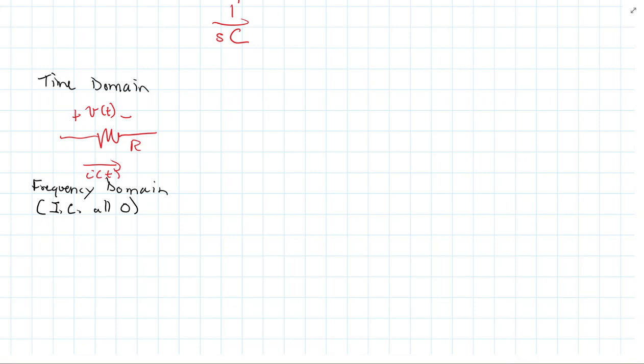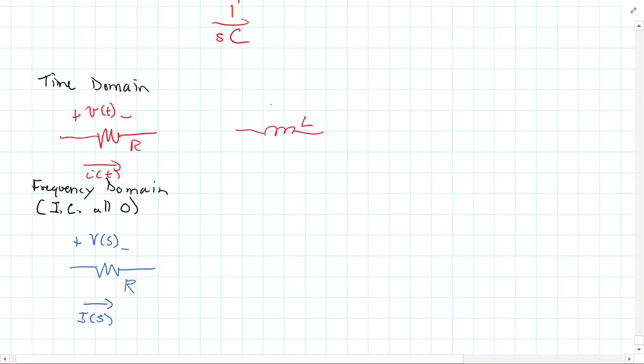And then in the frequency domain, we have a resistor still, and it's just resistance of R, and we still have plus minus V at S, and then the current I at S. Then for the time domain for an inductor, remember we still just have my normal inductance, plus minus V at t, current I at t.